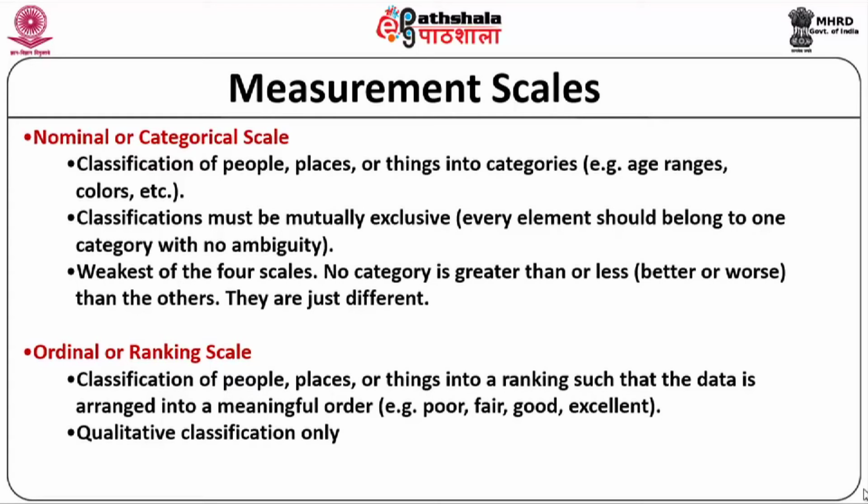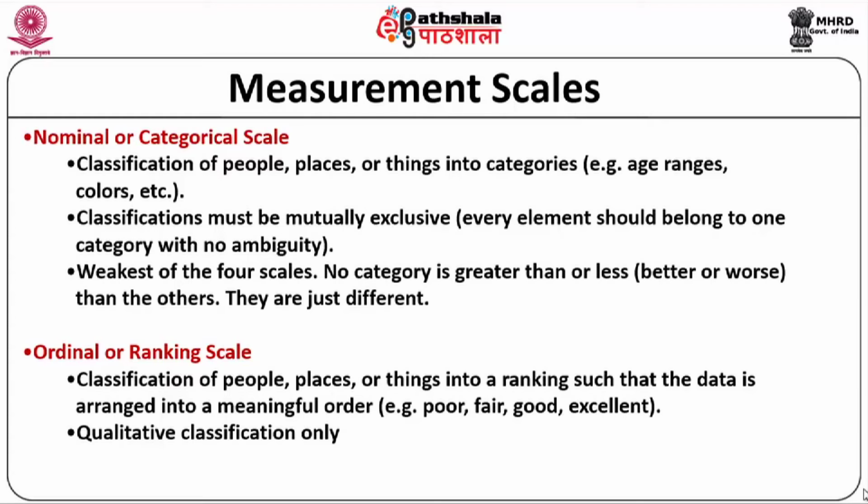The second type of data is ordinal or ranking scale. As the name indicates, ordinal means it is associated to some ranking or order or sequence. For example, I can take an individual and then I can assign this individual a class label. The class label may be poor, fair, good or excellent.